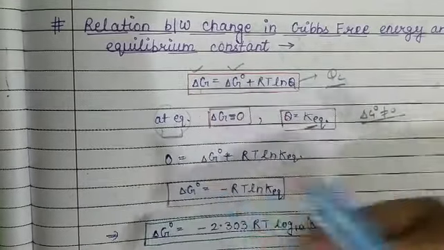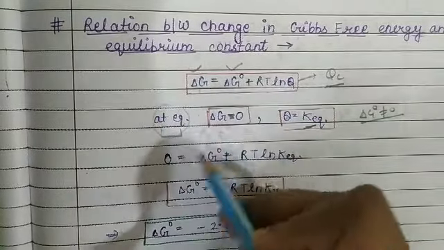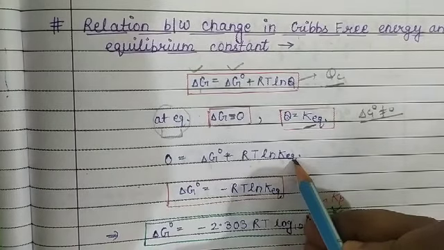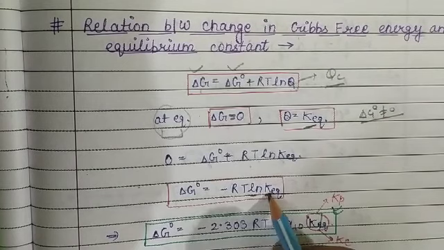Now putting in the equilibrium condition, 0 equals delta G naught plus RT ln Kc. So delta G naught will be equal to minus RT ln Kc.